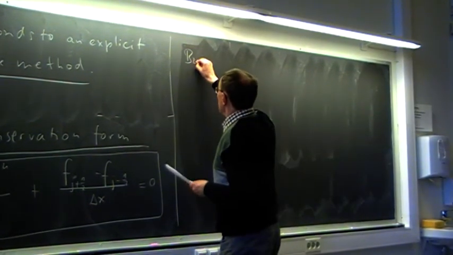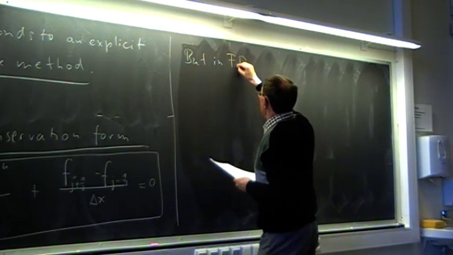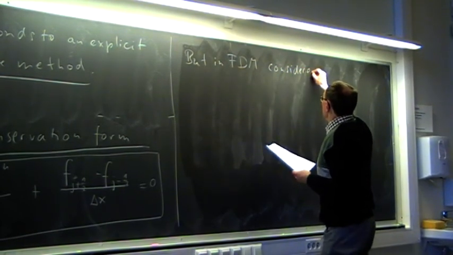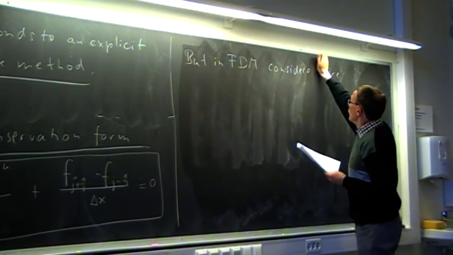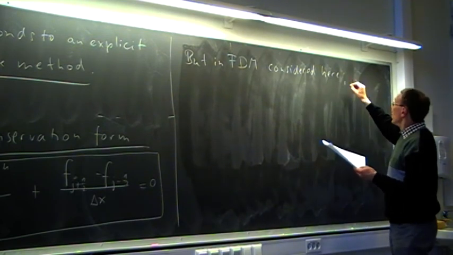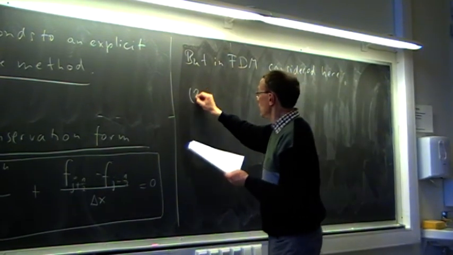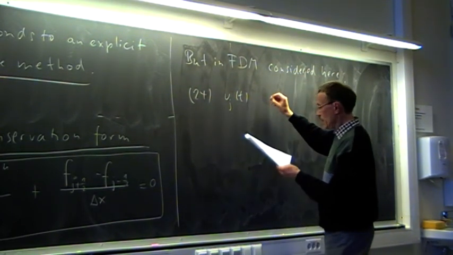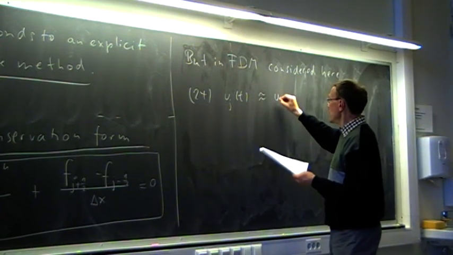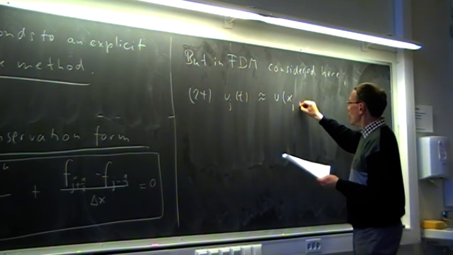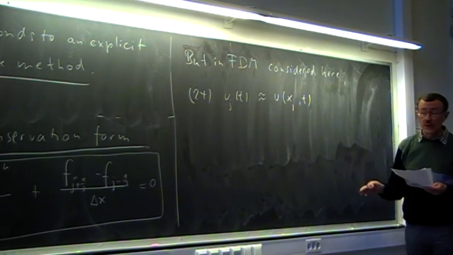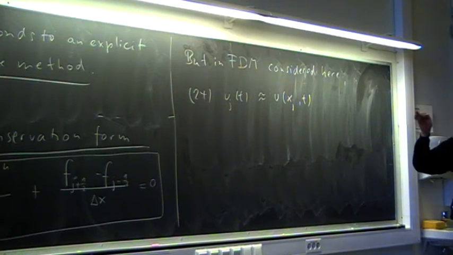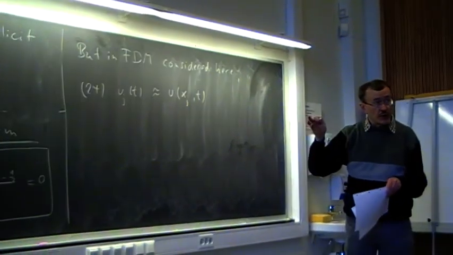In the finite difference methods considered here, the uj of t that we consider is approximating the exact solution at the grid point at some time t. So here we are approximating point values, and in the finite volume method, we are approximating averages.